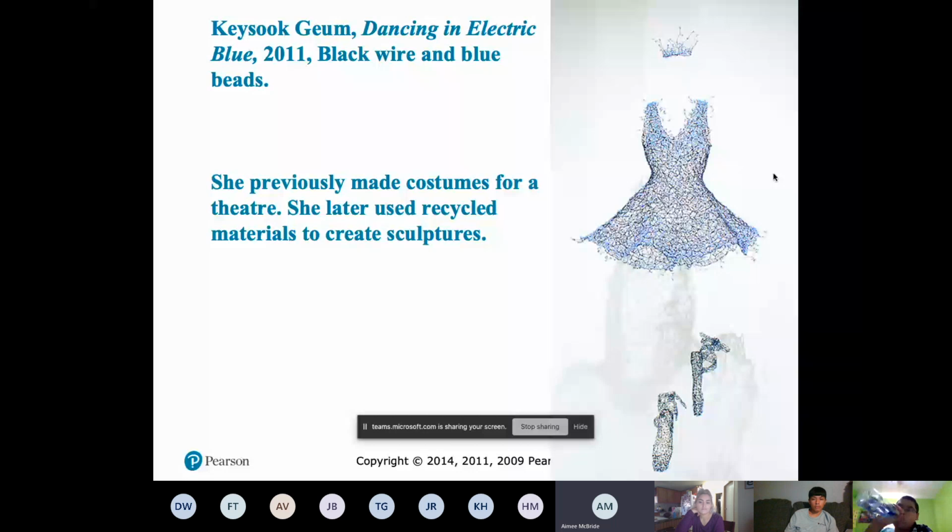This one's a little bit easier to comprehend as far as contemporary art being for delight, and that's Keisut Guillaume's Dancing in Electric Blue. So this is a bunch of beads strung along wire, and it is a sculpture that is hanging from the ceiling using those really thin plastic looking threads that you can't really see.